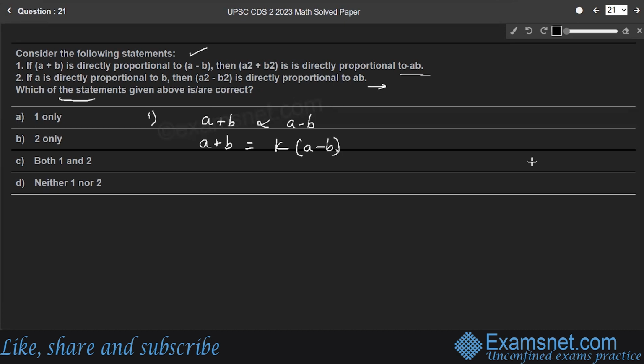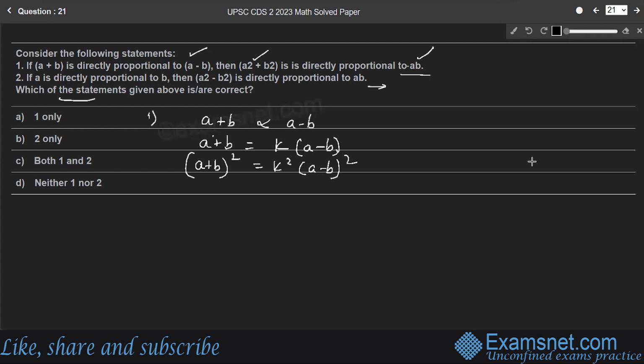Am I right? So here the question is whether a square plus b square is directly proportional to a into b or not. That we have to decide, right? So to get a square plus b square, let us take the square of a plus b and the right hand side part. So if a plus b is equal to k into a minus b, then a plus b square is equal to k square into a minus b whole square, right?